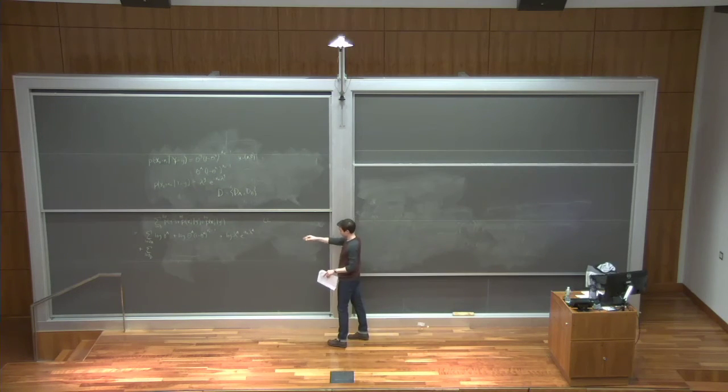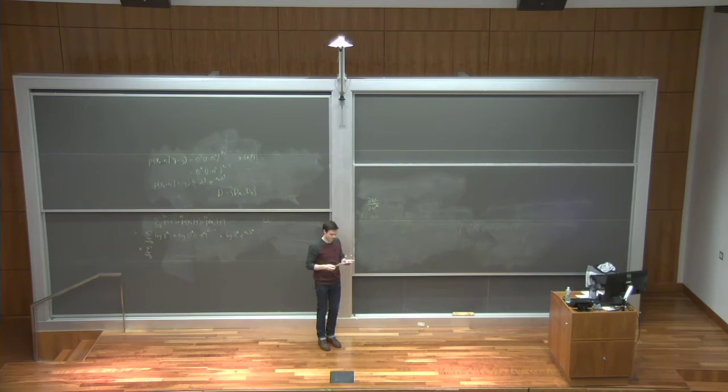If we call this the log likelihood, then for the log likelihood, we take the partial derivative with respect to theta A.